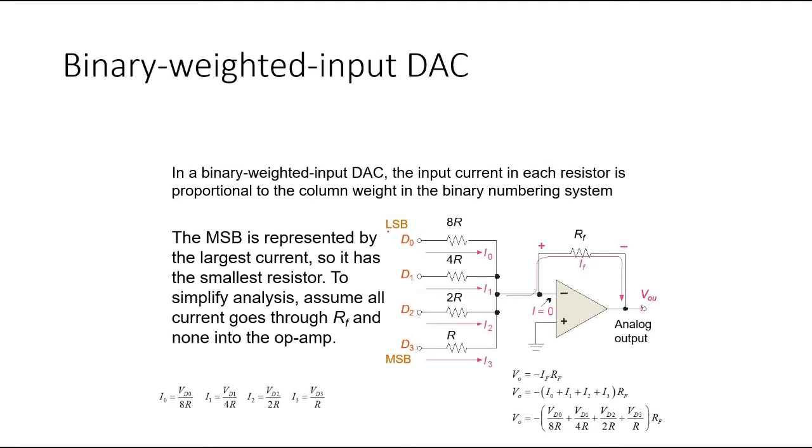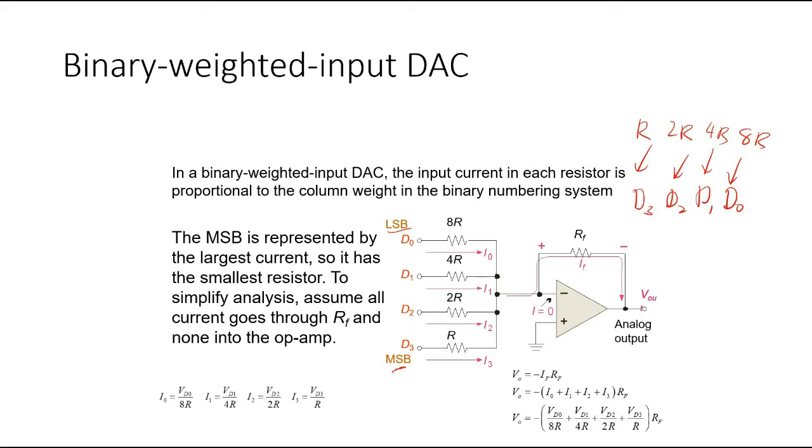D0 refers to the least significant bit and D3 refers to the most significant bit. For D0, the resistor is 8R, D1 4R, D2 2R and D3 R.